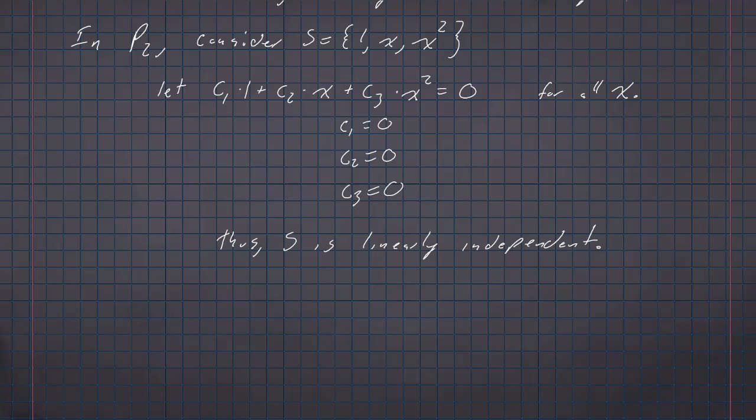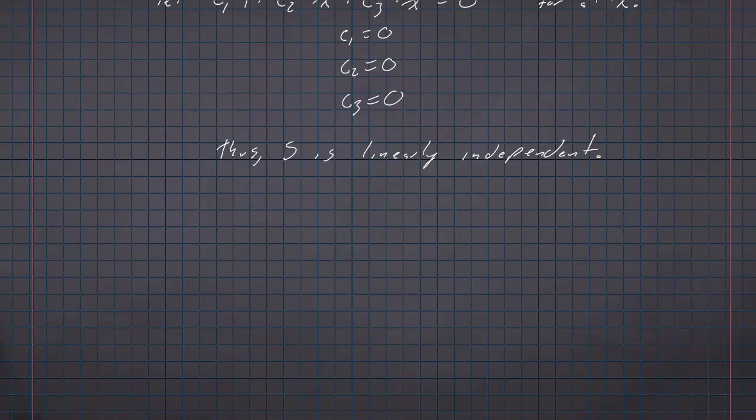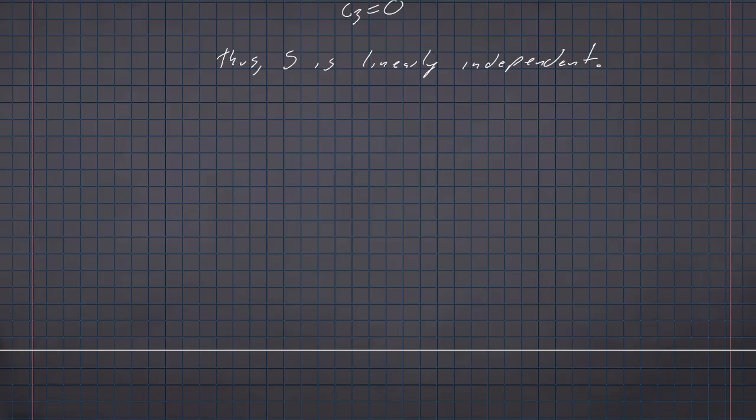Let's take a look at another example that's going to involve a little bit more computation. Let's go to the Euclidean vectors, R3. Those are the ones you're more familiar with. It's always easier to work around those than other vector spaces.